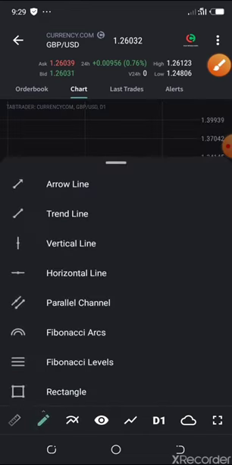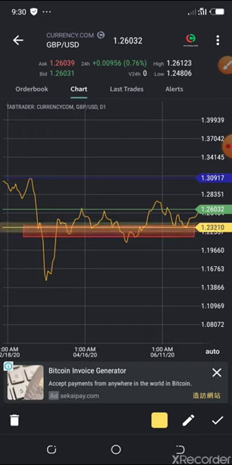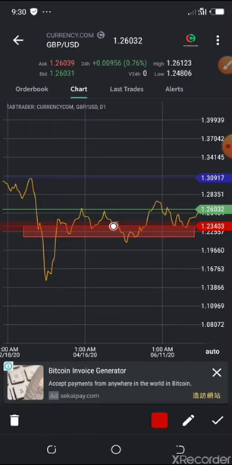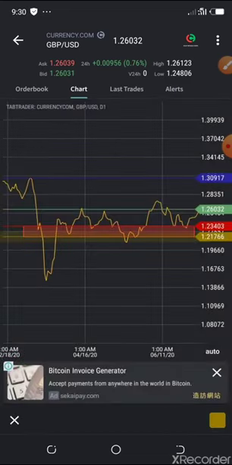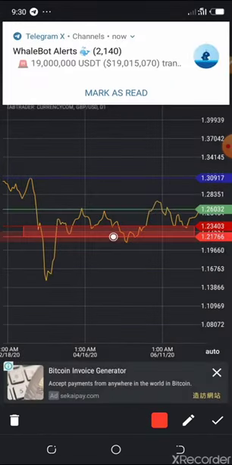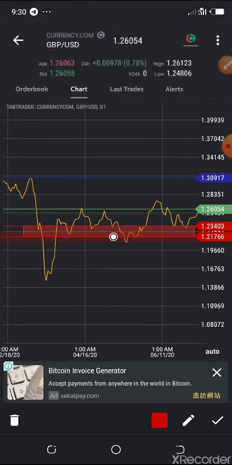So I will have to add my lines to it so that I can get the price at this point. I change it to red. Remember guys, I add the second line beneath it, and I change it to red. Remember I said the support should have one color, the resistance should have another color.